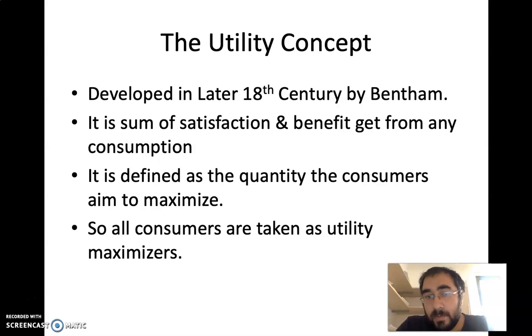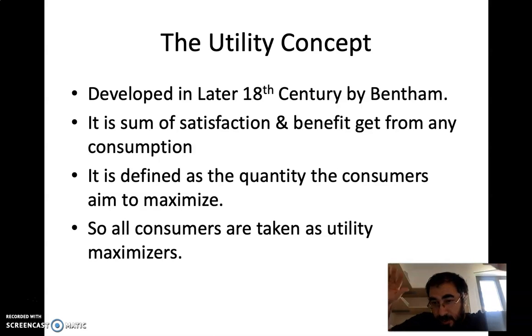Just a brief history of this utility concept. It was developed in the 18th century by a guy called Bentham. He even defined the state and an ideal economic system, which at that time was organized by different social layers and obligations of different social classes to each other, which are more directly defined.